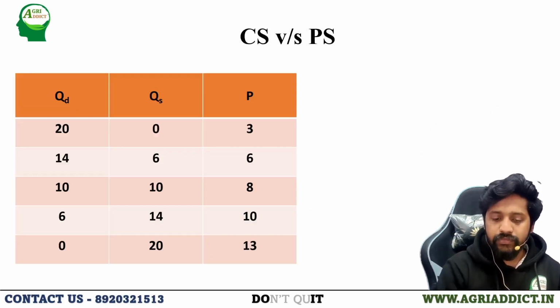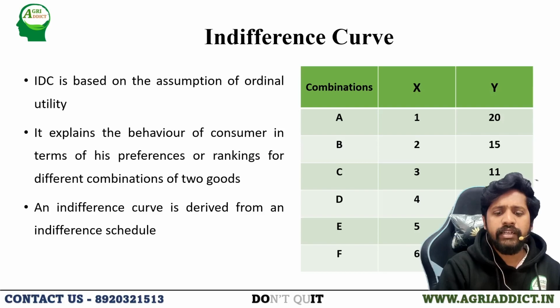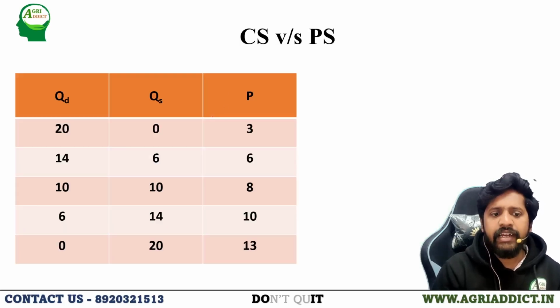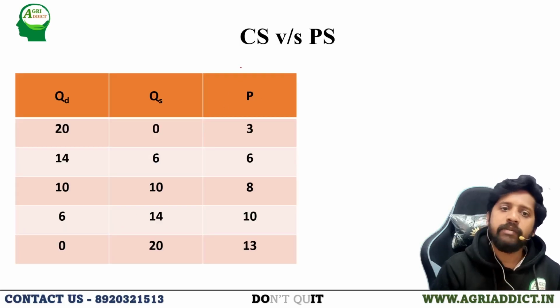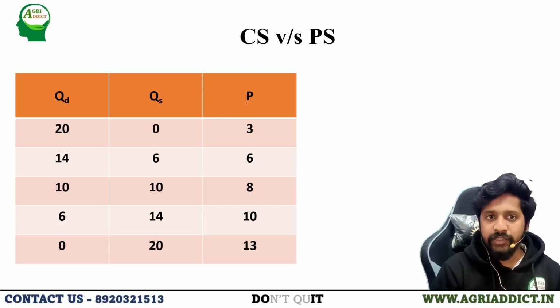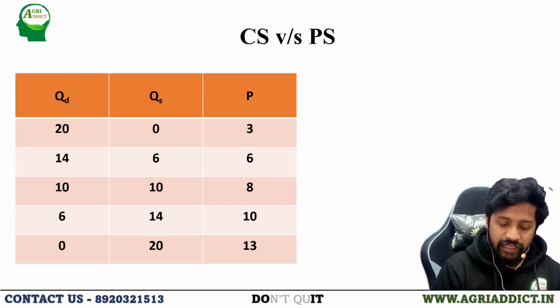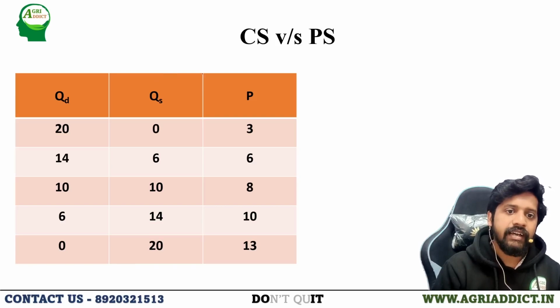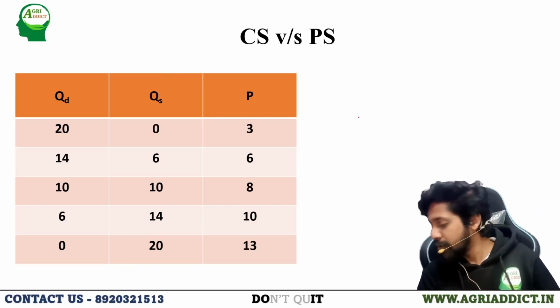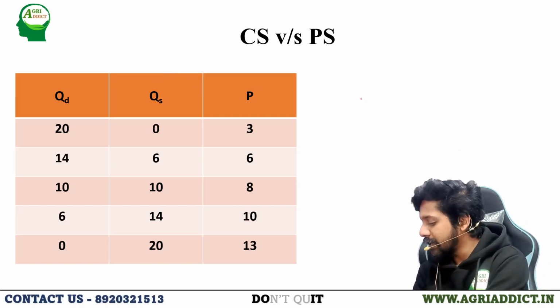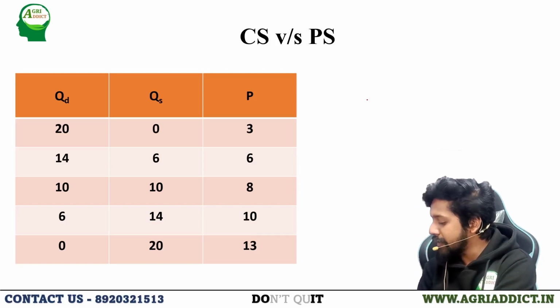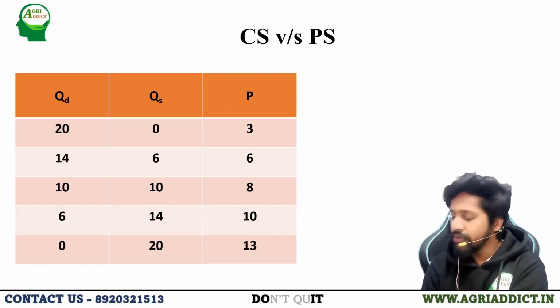So coming to another important concept, that is consumer surplus and producer surplus. Consumer surplus is nothing but the difference between what the consumer is willing to pay as well as what he actually pays. What is producer surplus? Producer surplus can be defined as the difference between the market price and minimum variable cost per unit of output.